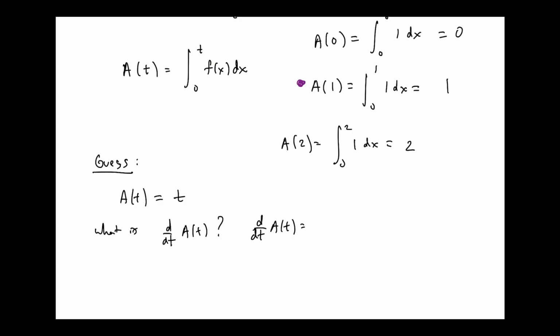So what's the derivative of A of t in this case? Well, what was A of t? In this particular example, it worked out to be t. What's the derivative of that? 1, thank you. So derivative with respect to t, right?